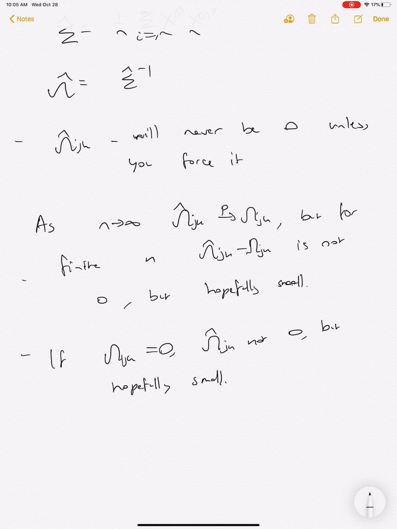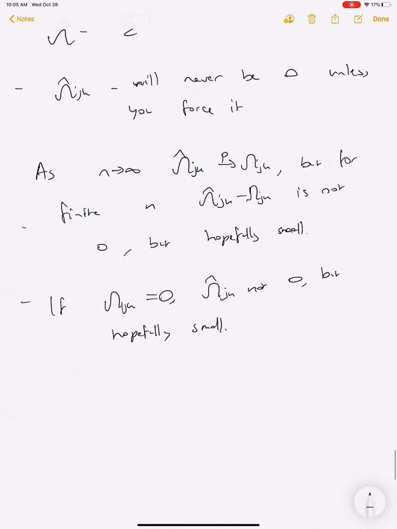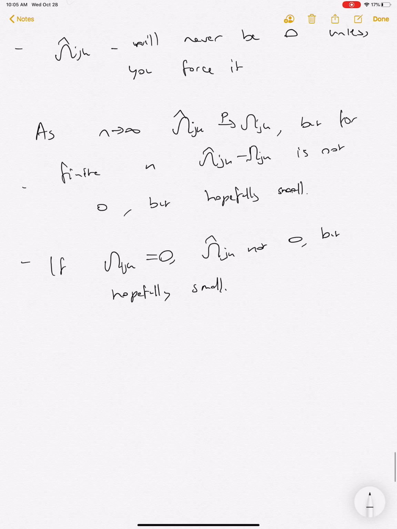Okay, and so one approach is to threshold the inverse covariance matrix. There's been a fair bit of work on this too.